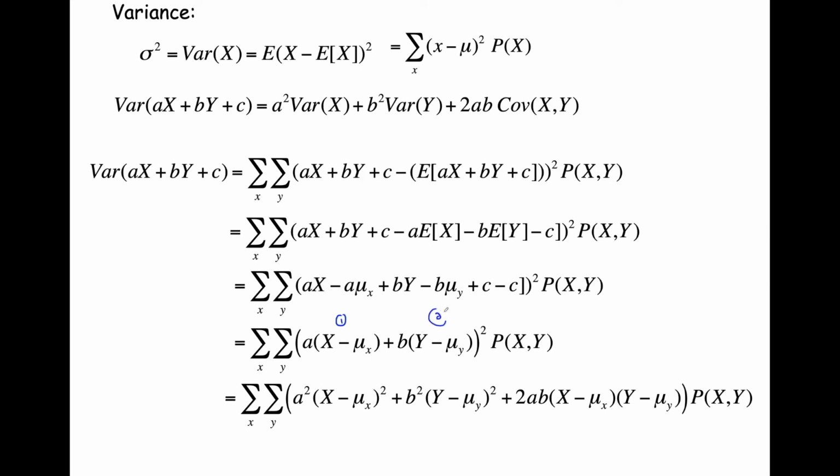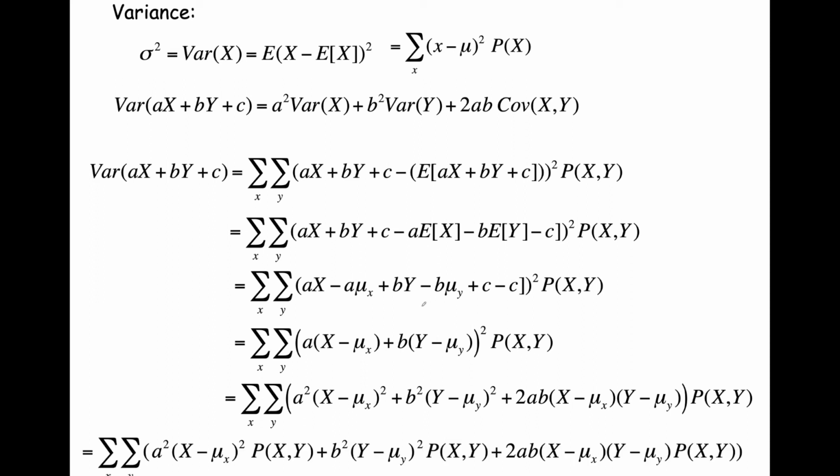The second term squared, that's just b squared times y minus mu y quantity squared, plus 2 times the first term times the second term. So that's 2 times a times b, and then there's the x minus mu x times y minus mu y. So just multiplying 2ab, x minus mu x, quantity y minus mu y, all times p of xy.